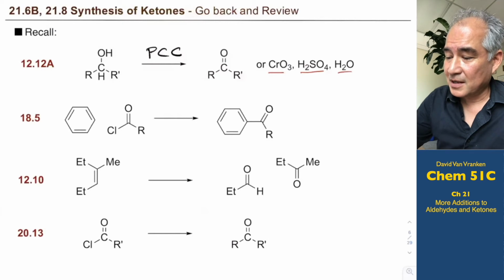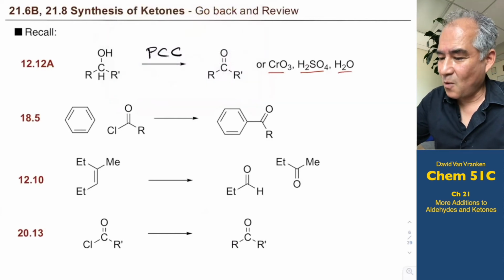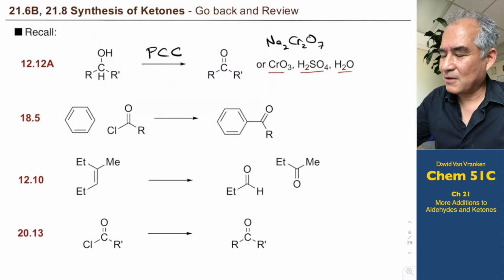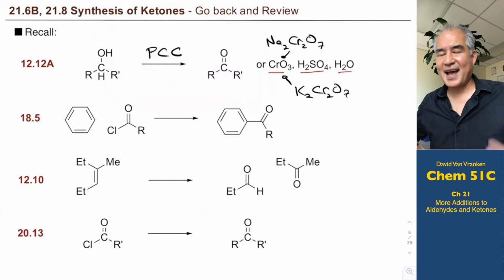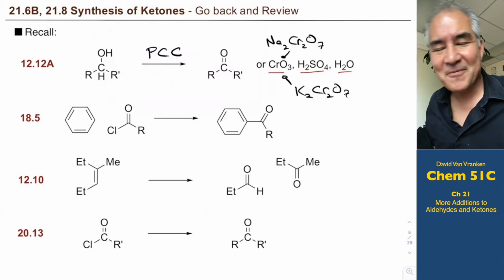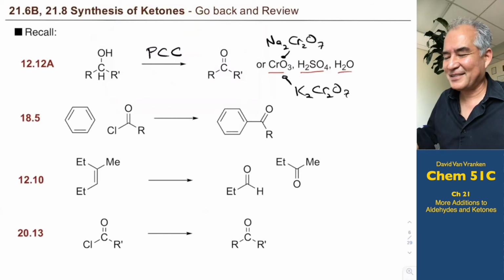You could use potassium dichromate if you wanted. I don't know why you need to memorize that. So if you wanted, you could use sodium dichromate instead of the chromium trioxide, or you could replace that with potassium dichromate. There's no difference as far as you're concerned. Once you mix these with sulfuric acid, you get the same reagent. Why does the book tell you several different things to do this?